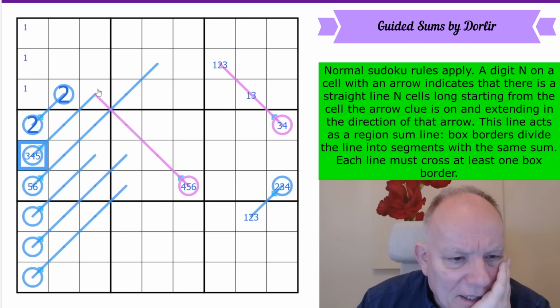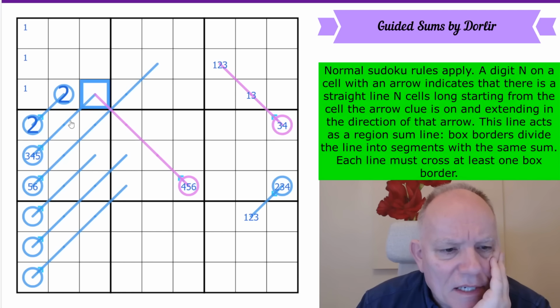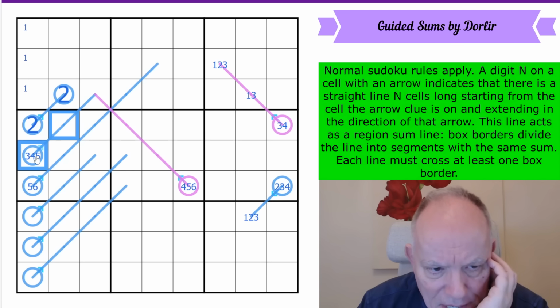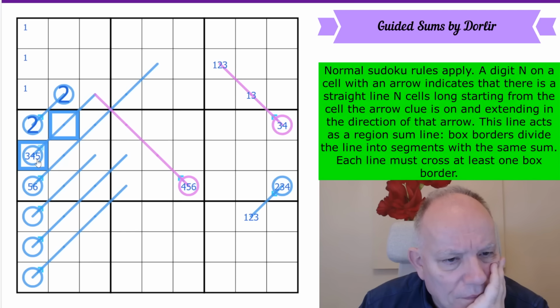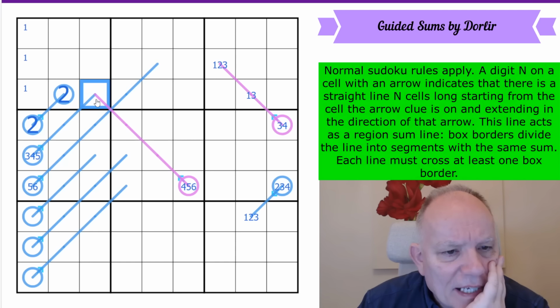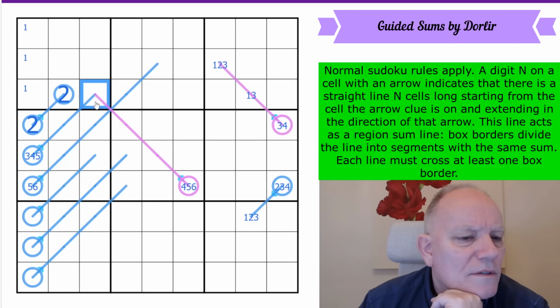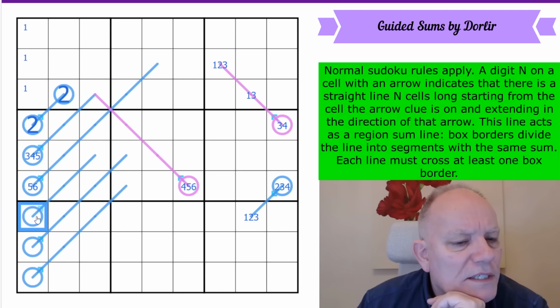And that would act as the, this is the single, whatever this is the sum of these two. So it's now at least a 4. That's not so interesting. This digit can't be a 3.